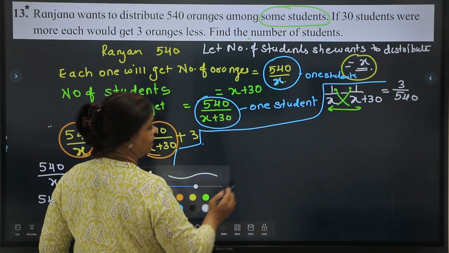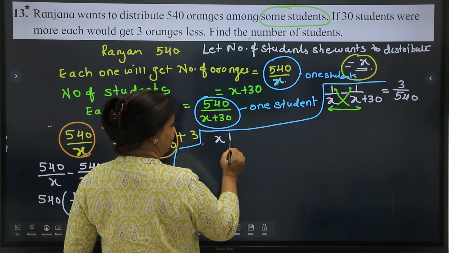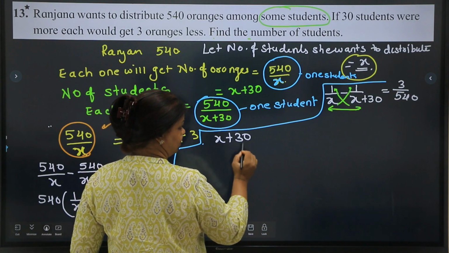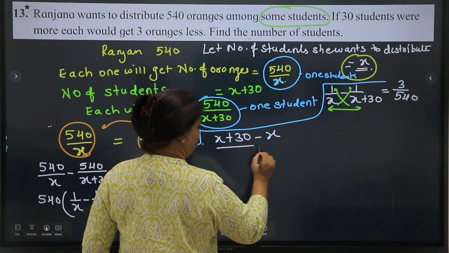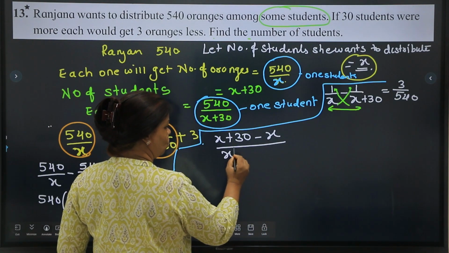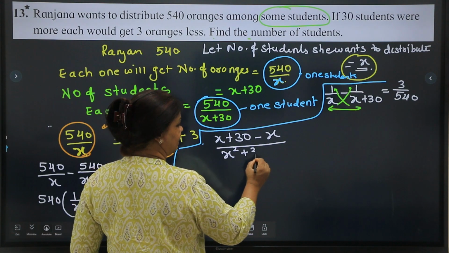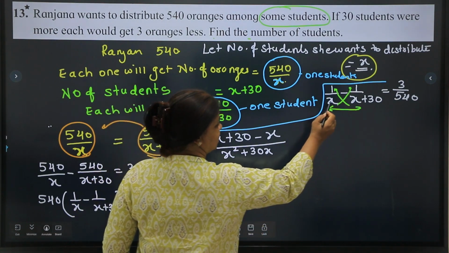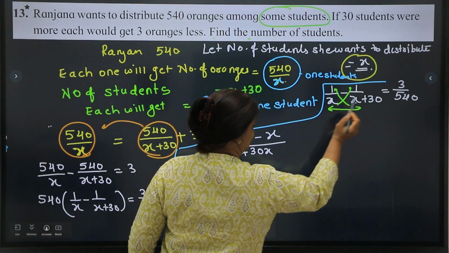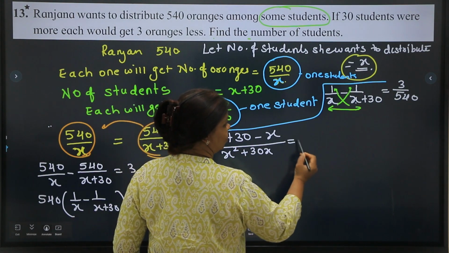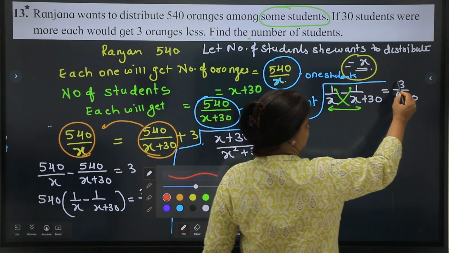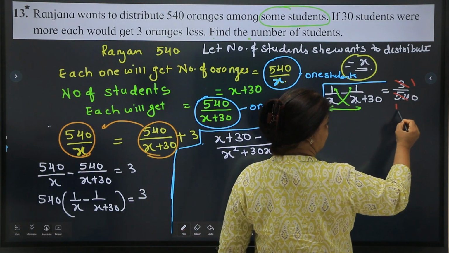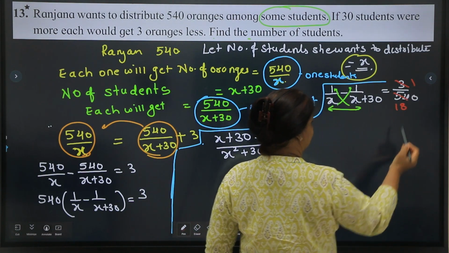So I'll be getting x plus 30 minus x upon x square plus 30x. Meaning x gets multiplied with x and also gets multiplied with 30. Then equal to, I can divide this number. 3 ones are 3, 3 eights are 24, 180.